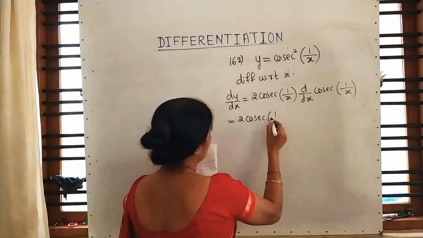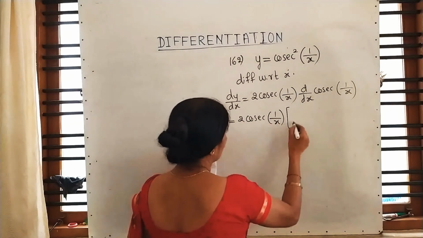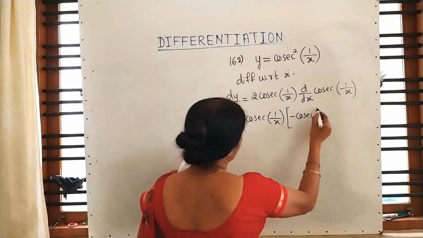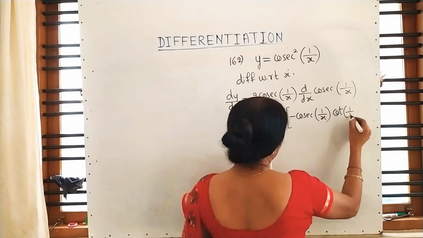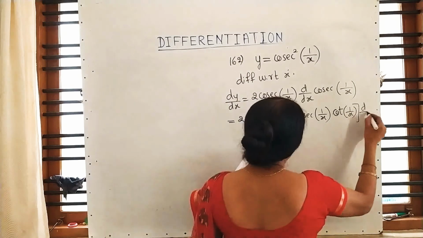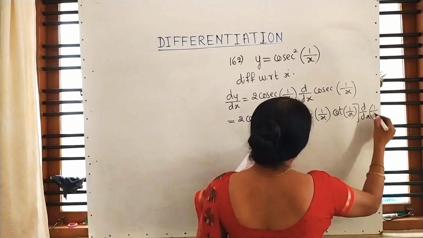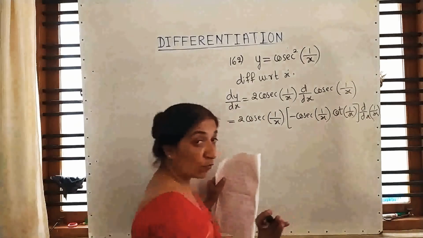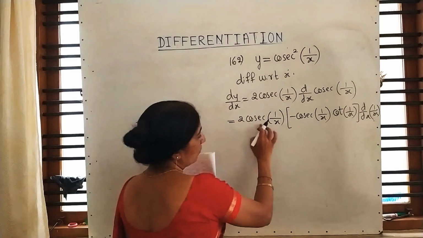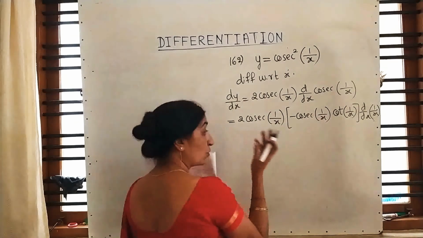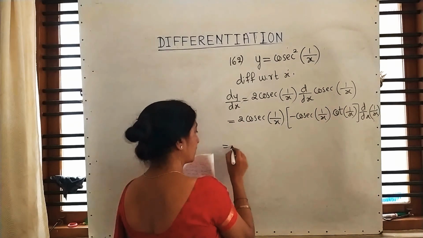Cosecant 1 by x, differentiation of cosecant is minus cosecant into cot. Correct. Angle as it is. Here I am writing the angle 1 by x as it is. Why? Because open that formula list. You are familiar with the differentiation of 1 by x. And here cosec 1 by x is cosecant square, and this minus comes first.